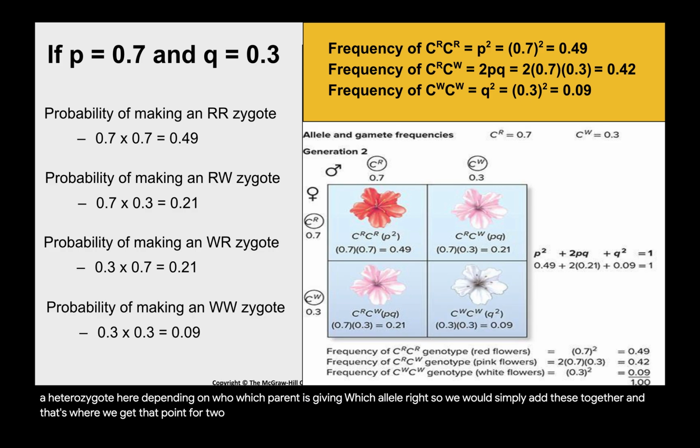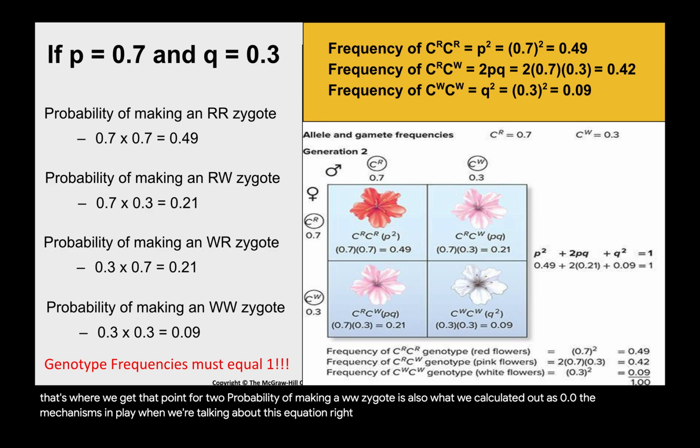And then that probability of making a WW zygote is also what we calculated out as 0.09. So this is kind of the mechanisms in play when we're talking about this equation.